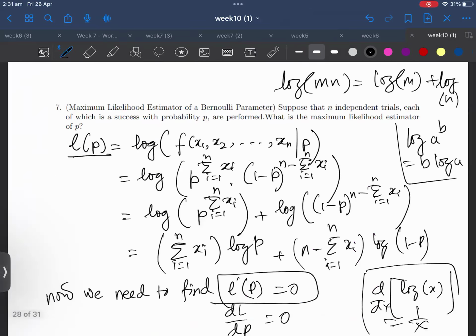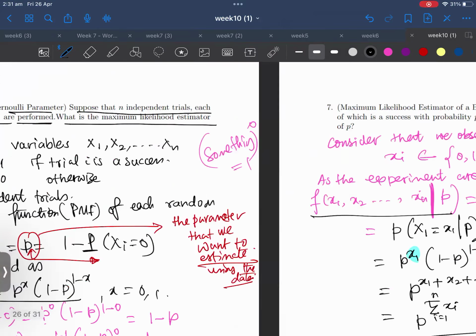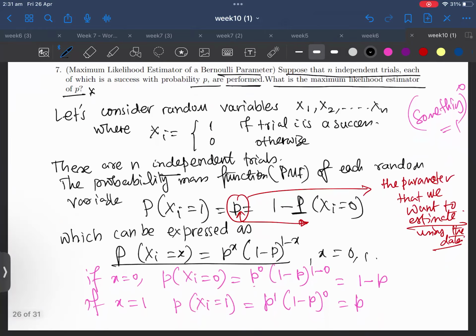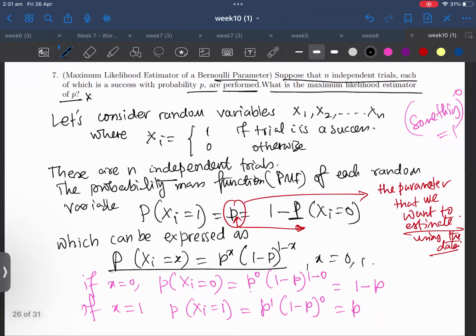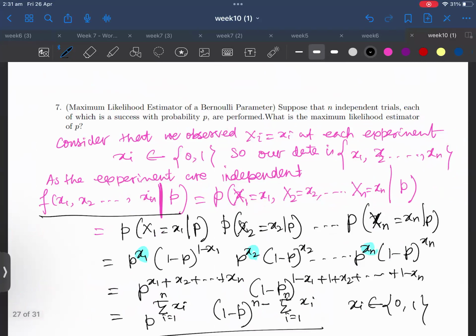So again, look at that. We started from here and then we continued. We find the probability, the conditional probability, because this is independent, and then we have found this part.